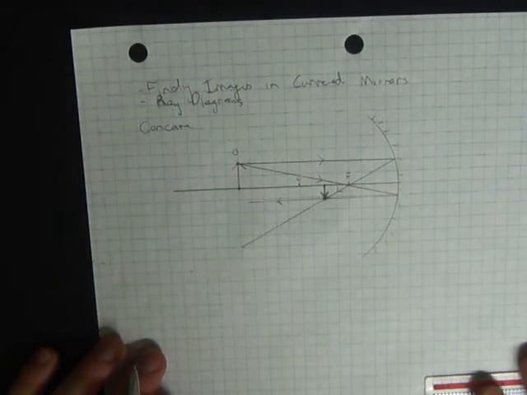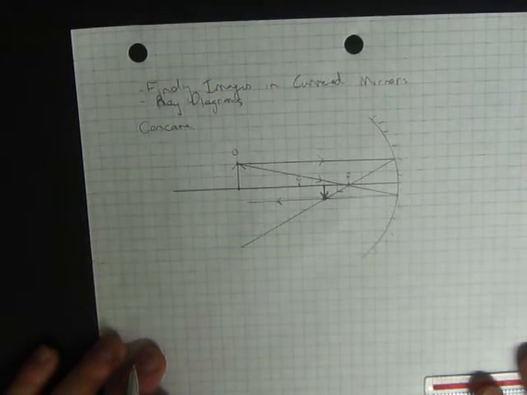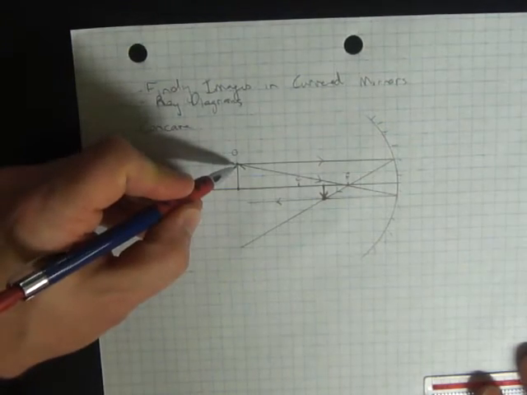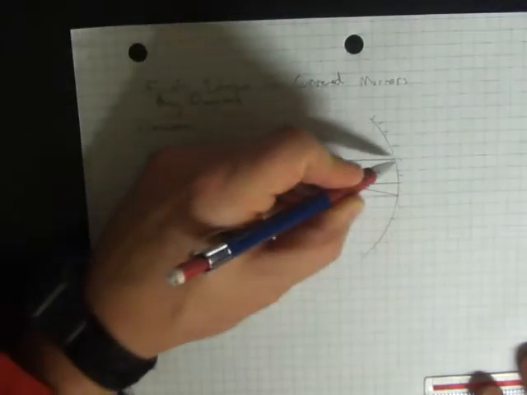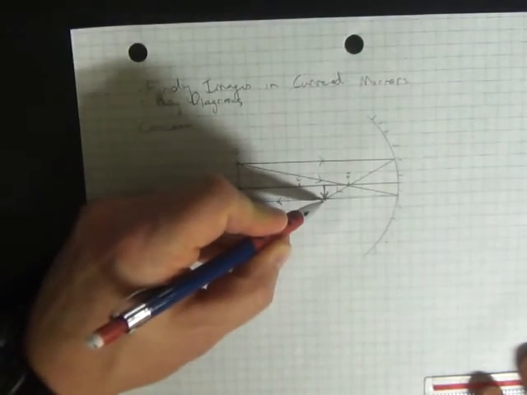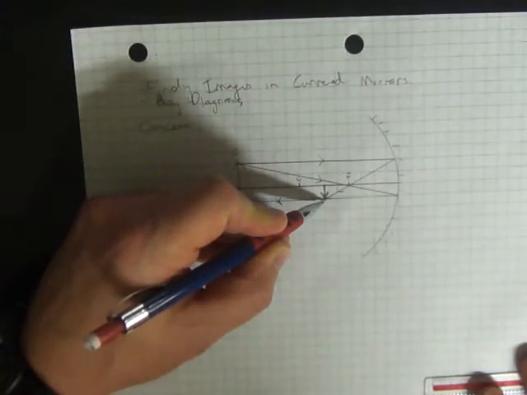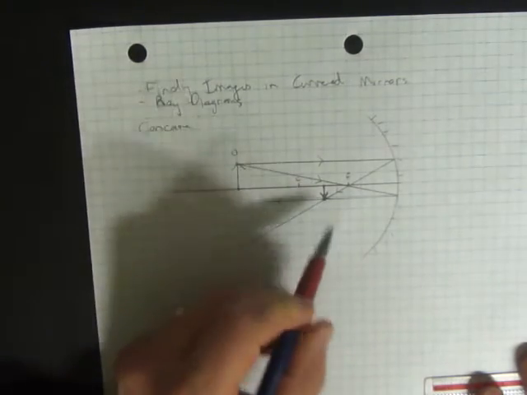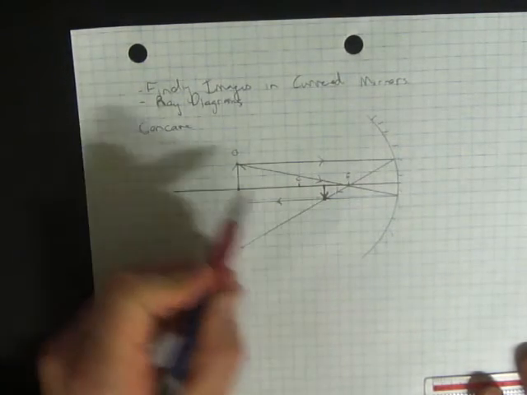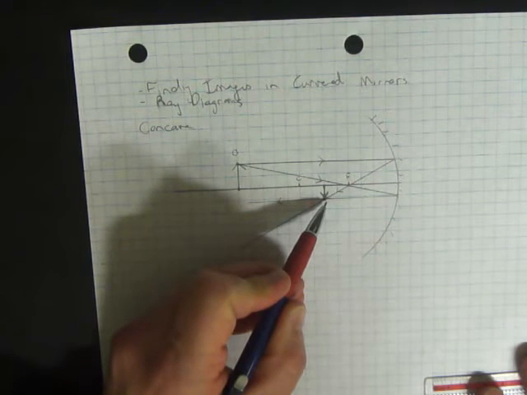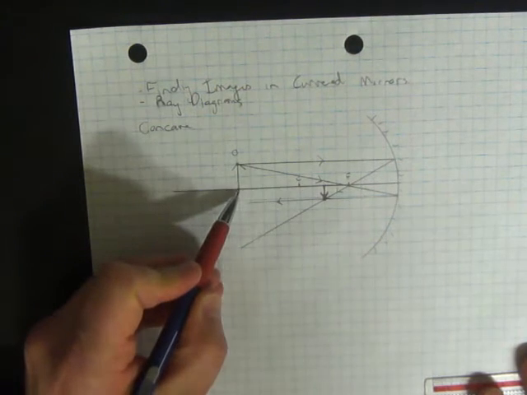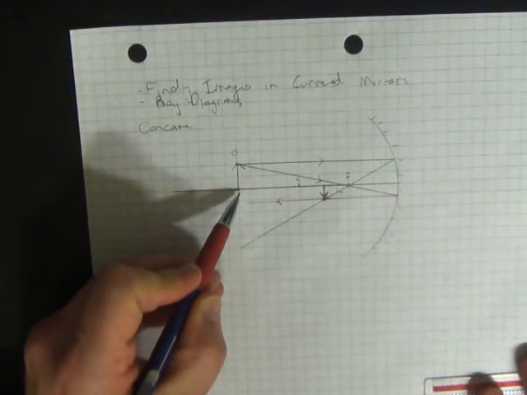I'm going to say that again, a little slower. I used 2 rays, using our rules to find where the reflected rays crossed, and that located the tip of my arrow. The base of the arrow is on the principal axis.